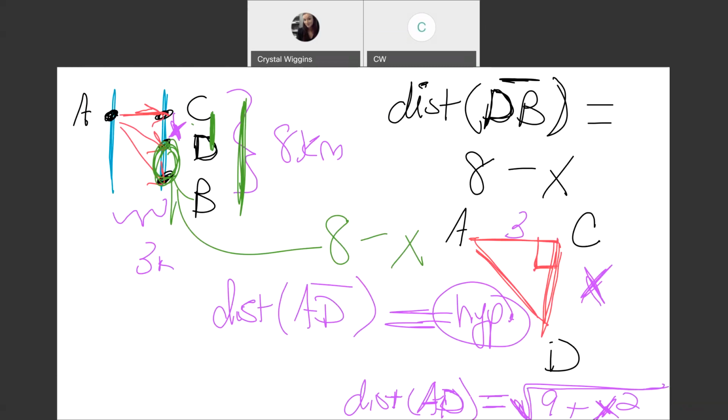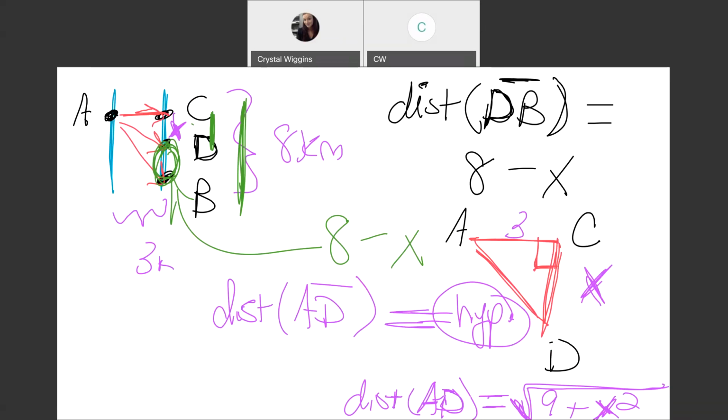So let's think about what we're trying to do. We are trying to minimize the time, I believe. So I momentarily forgot what we are doing. If you go back to the problem and take a look, they are asking us to get there as quickly as possible. So we are trying to get there as fast as possible.